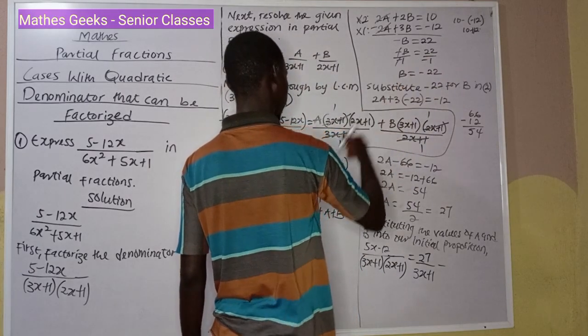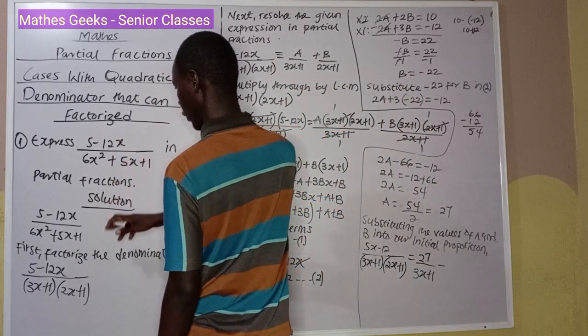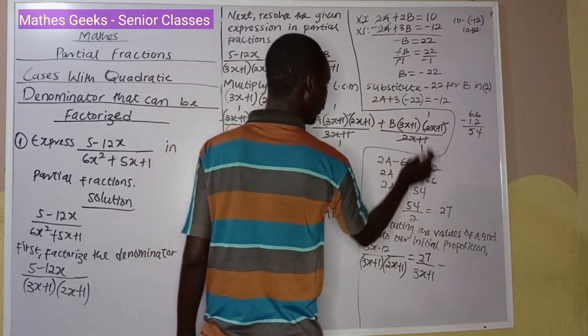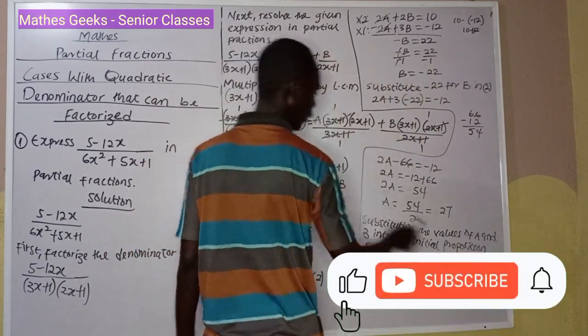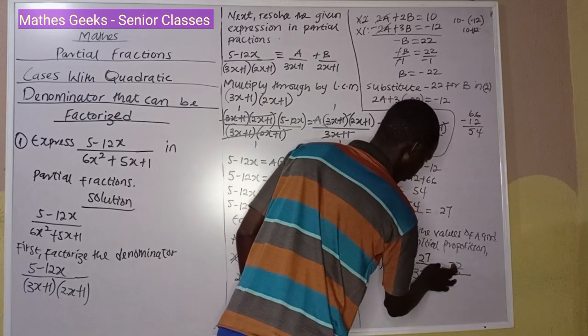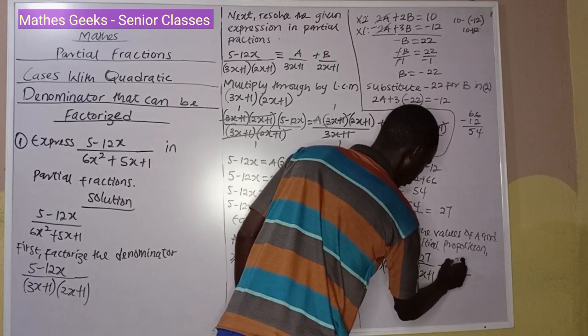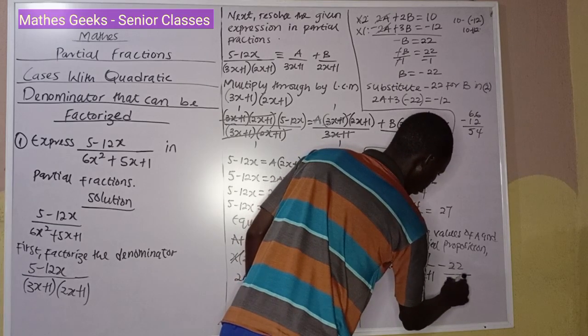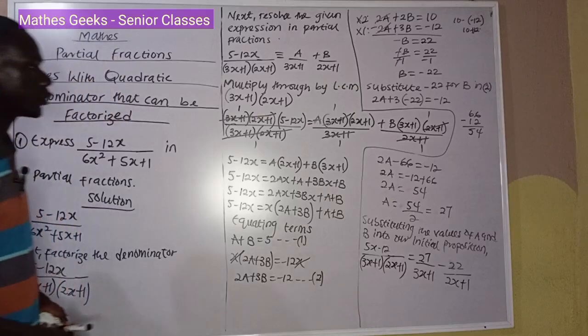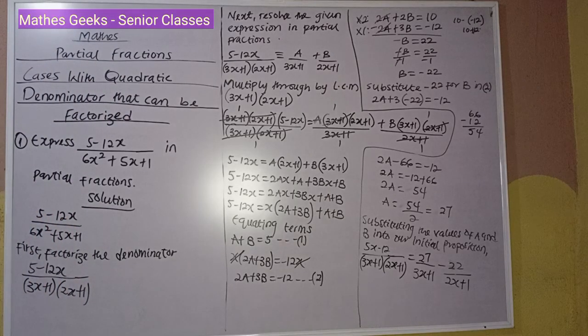Minus times plus is minus, so B is 22 over 2x plus 1. That's the partial parts of the fraction.